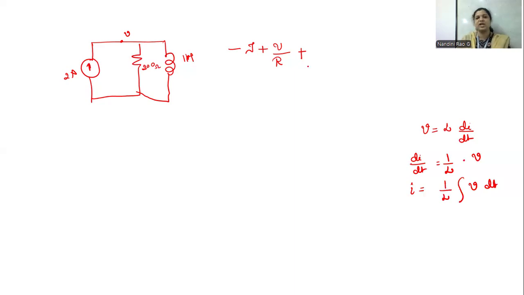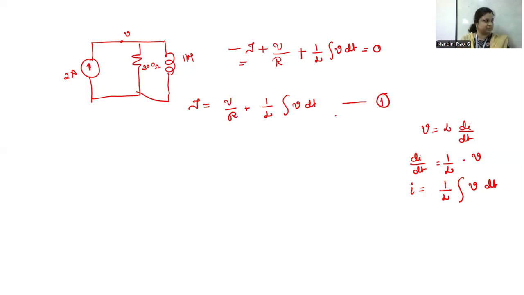So now I will write the same thing: minus 2 plus I plus 1 by L integration V dt equal to 0. Now I will write I to the left side: I equal to V by R plus 1 by L integration V dt. So this becomes your major expression now. Please remember this.